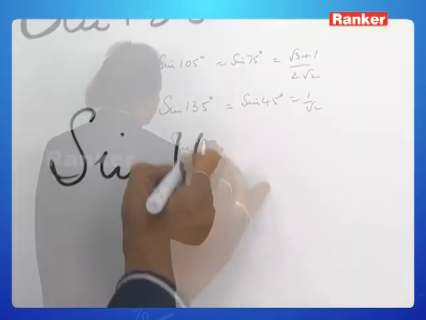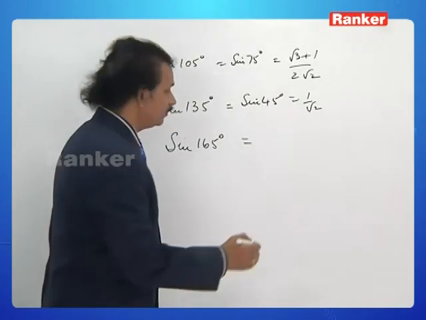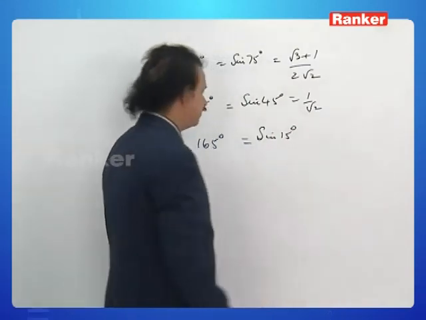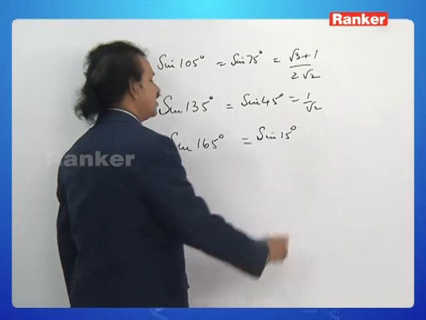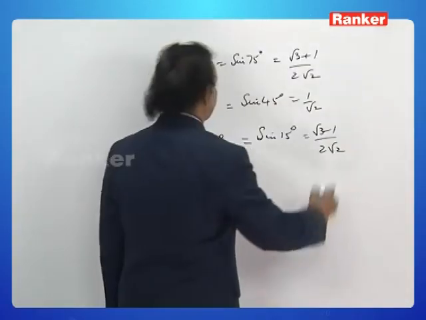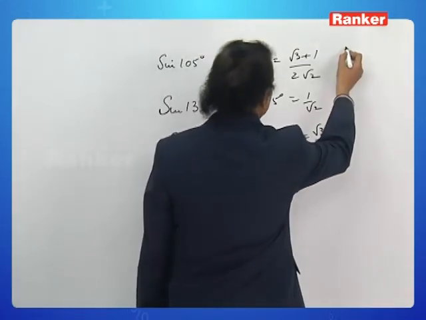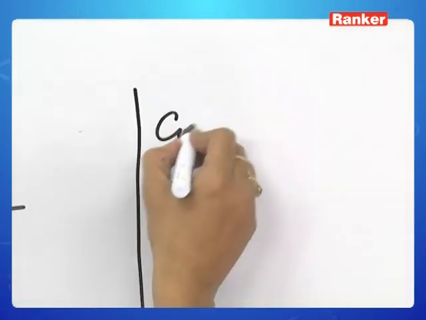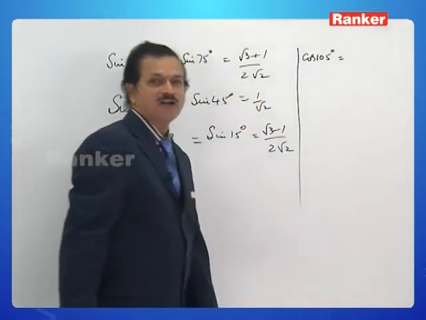And then sine 165. What is sine 165? Sine 165 is nothing but sine 15. Why should you have it like that? Because 165 degrees and 15 degrees are supplementary. Well, what is sine 15? Root 3 minus 1 by 2 root 2. Good. Next one. I like to have cos 105 degrees.